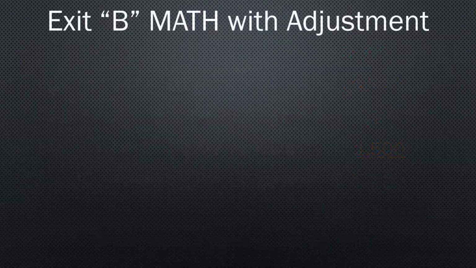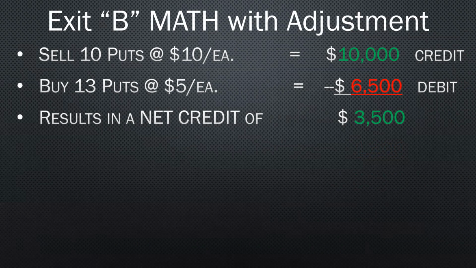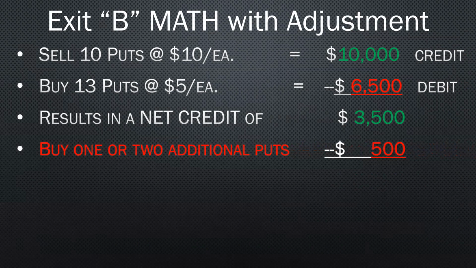And then let's say that we do an adjustment. We'll talk a little bit about adjustments. We're going to do the same thing. We're going to have $3,500 of credit. We're going to buy 1 or 2 additional puts. Let's say that they cost us approximately $2.50 each. So that would cost us $500 for, or even if they were $5 each, $500 for one.